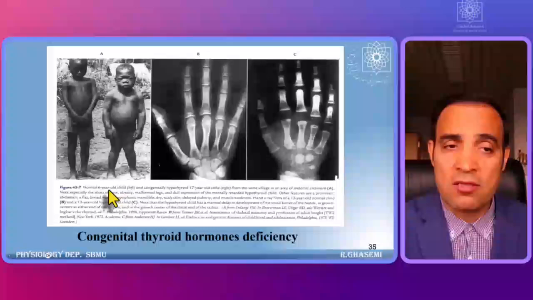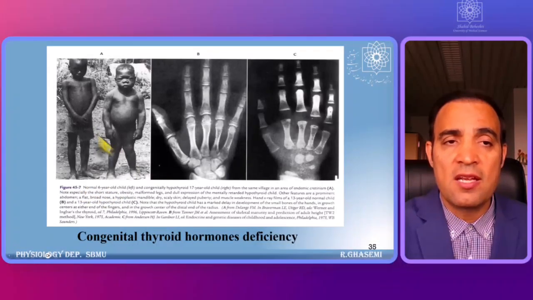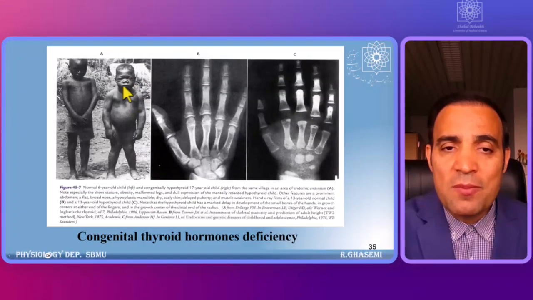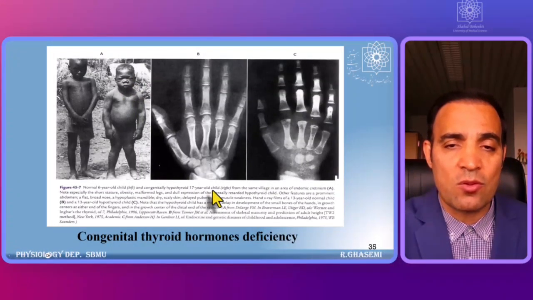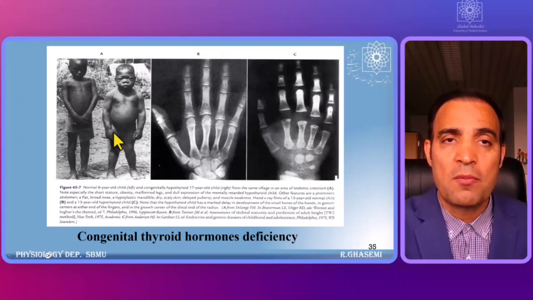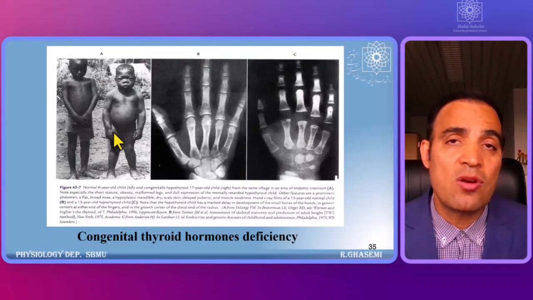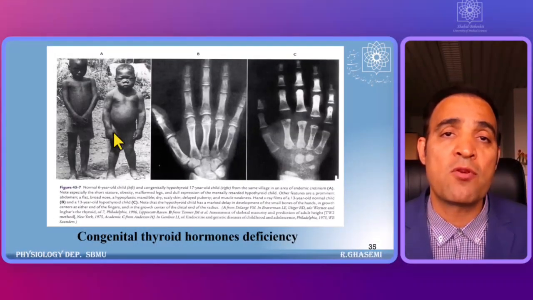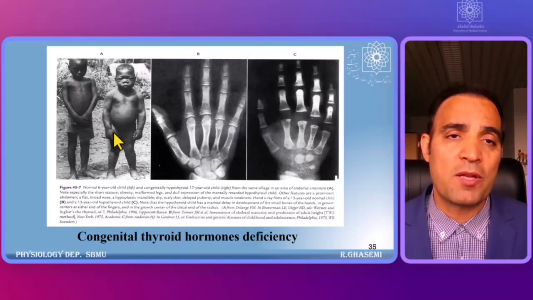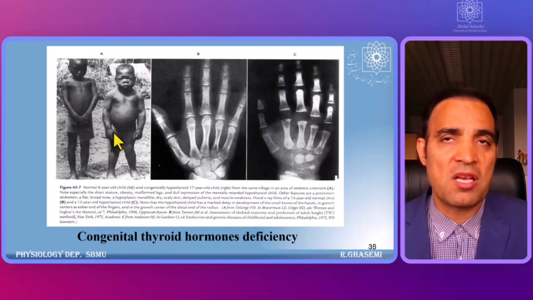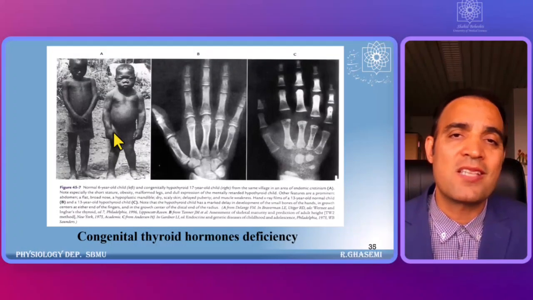As the figure is saying, the child on the left side is 6 years old, and the other is 17 years old, but they are the same size. This shows how important it is for development. This 17 year old is equivalent to a 6 year old.